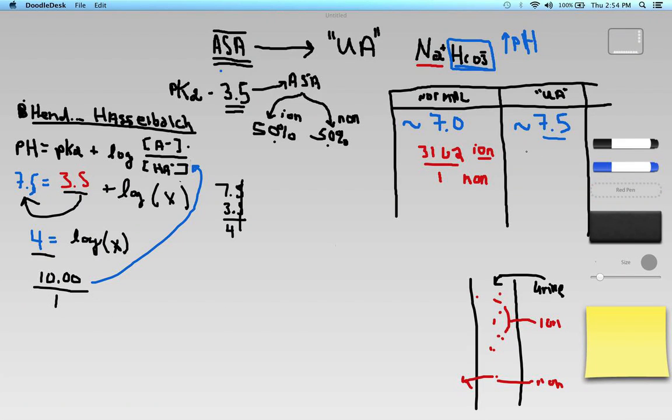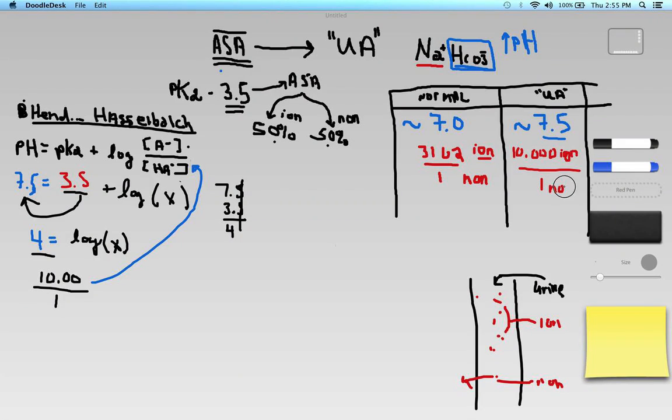So if we go up here under alkalized urine, I now have a ratio of 10,000 ionized parts of aspirin to 1 part non-ionized.